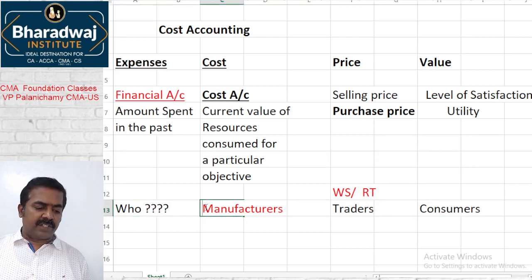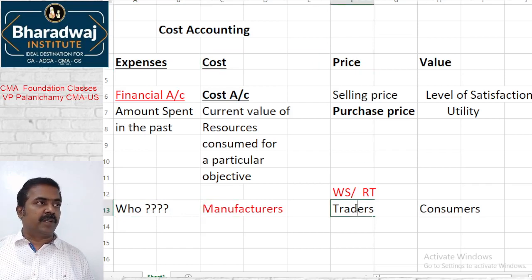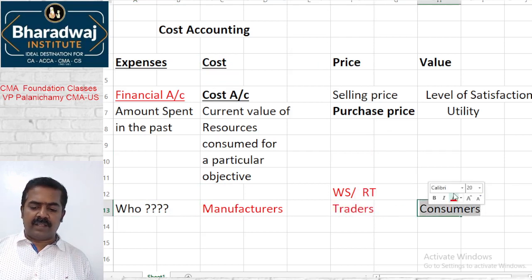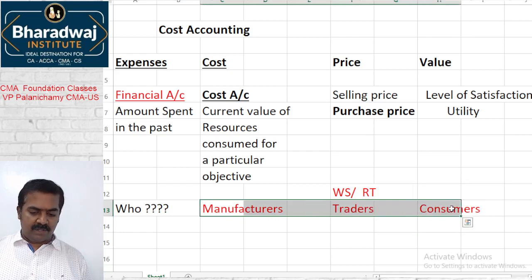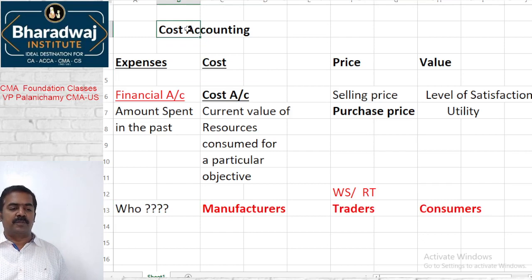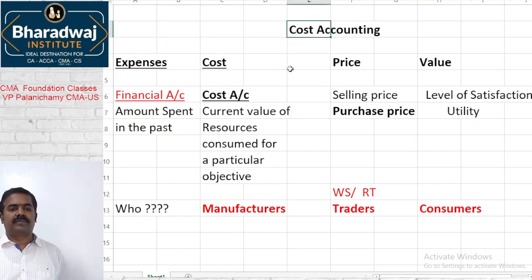Clear? Manufacturers will use the term cost. Price is the word that is used by traders. Value is the word that is used by consumers. Now, in a practical scenario, which one should be low, which one should be more?